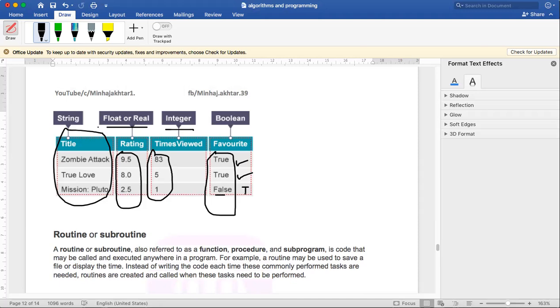It gives the rate of the movie, how good the movie is. So the first movie got 9.5. That's called real data, it is in decimal. The third one is an integer, times viewed. So the 83 is an integer here. And the last one is favorite. Is it my favorite or not? So it's true or false. So we write here true. Next topic is routine or subroutine.